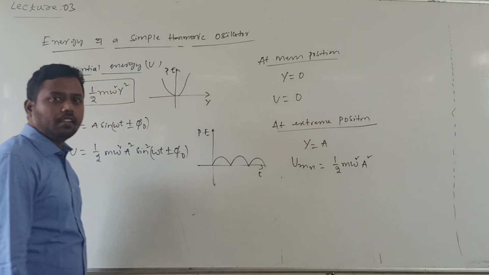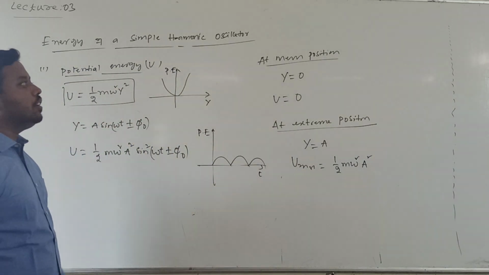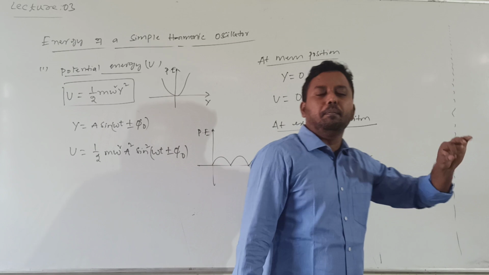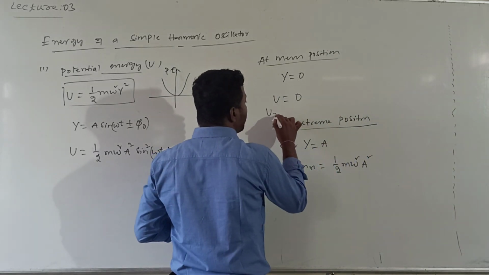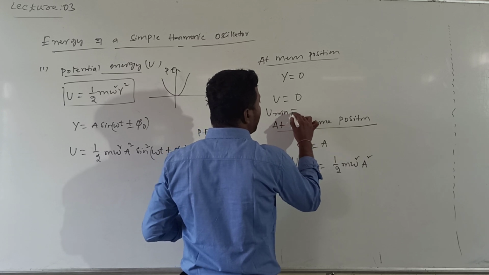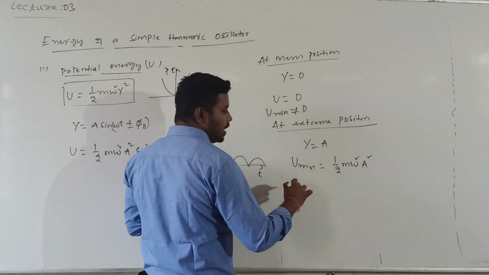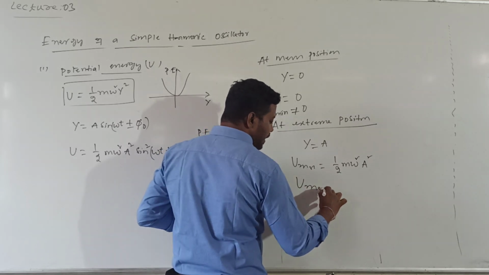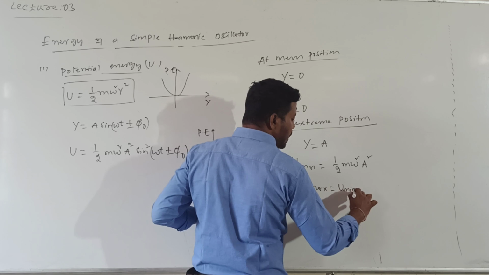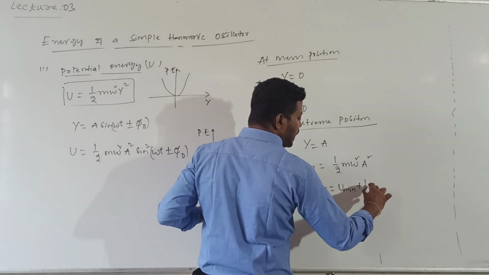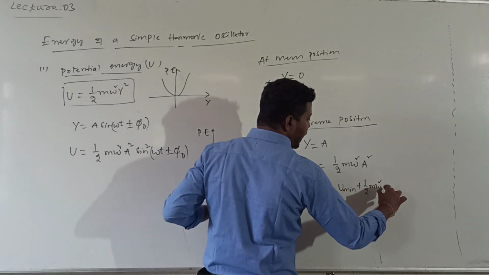Suppose the potential energy at the mean position is not 0. If u minimum, the potential energy at the mean position, is not 0, then the maximum value is given by u maximum equal to u minimum plus 1 by 2 into m omega square into a square.